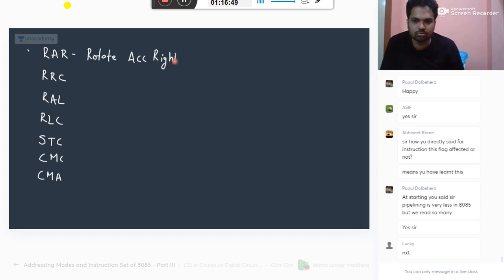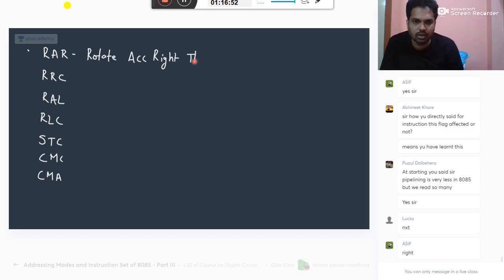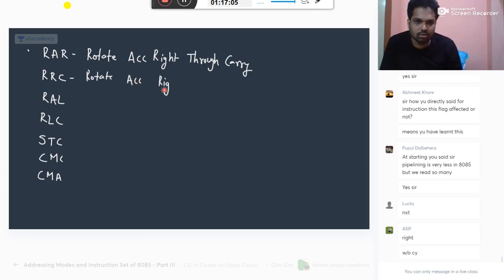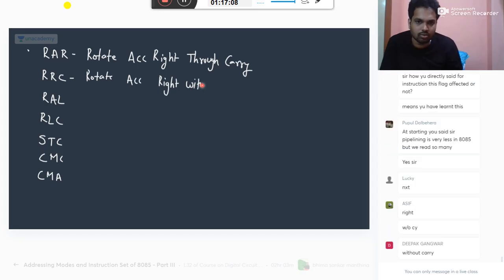That will finish your total logical operations. Rotate accumulator left without carry. This is set carry, complement carry, complement accumulator.